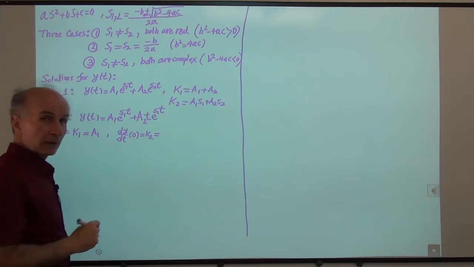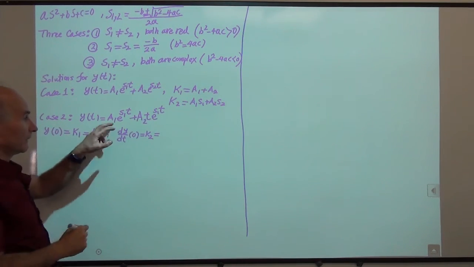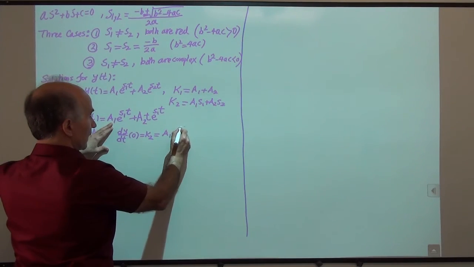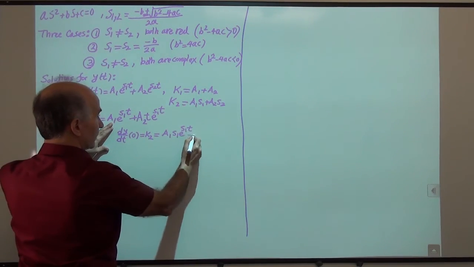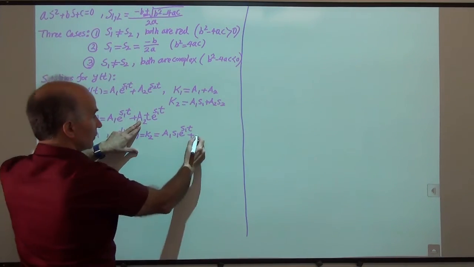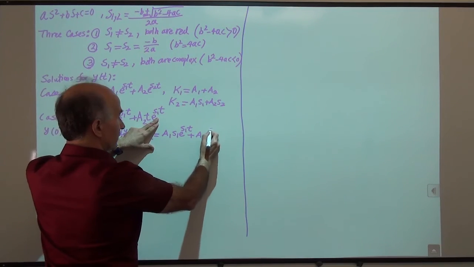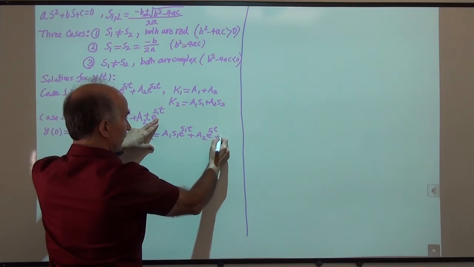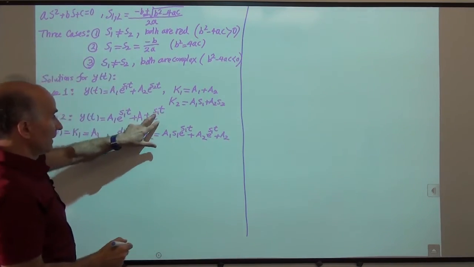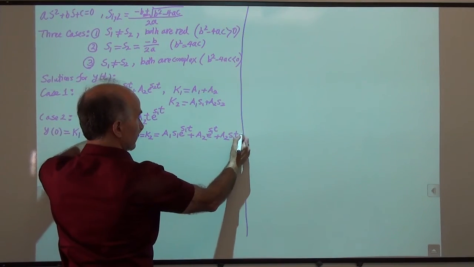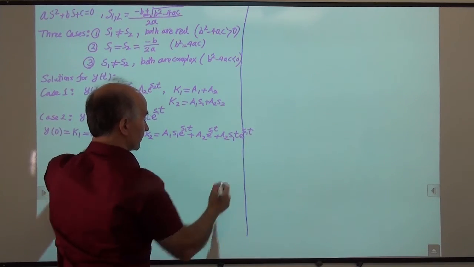And let's try to calculate that. I have to take the derivative of this whole thing. So I have a1 s1 e to the s1t plus a2 times the derivative of this, which is 1 times e to the s1t, plus the derivative of this times this, so that would be s1t e to the s1t.